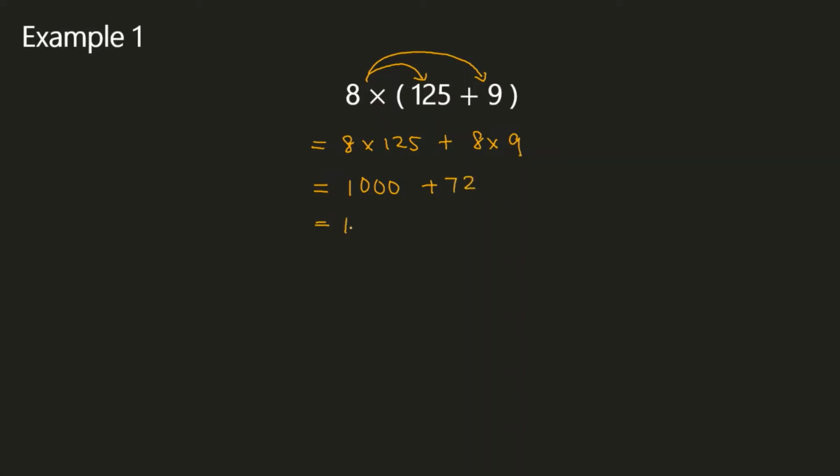This gives the answer of 1,072. Okay? So why sometimes do we want to use distributive properties? Because by using distributive properties, you can split a multiplication problem into two smaller problems and then add the results together. So sometimes splitting into smaller problems can simplify the calculations, such as in this example.